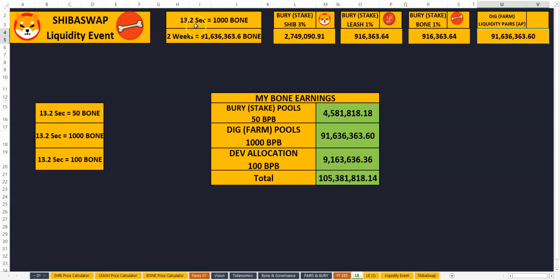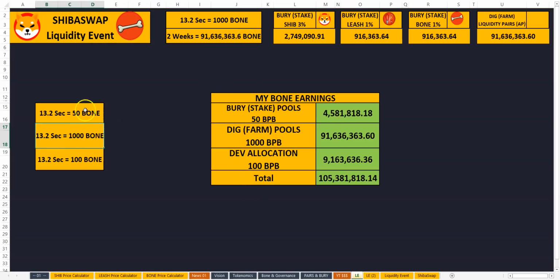Now, in 2 weeks, that means a total of 91,636,363 bone are going to be created. This is how much is going to be minted and allocated towards farm pools. I'll explain what that is again later.